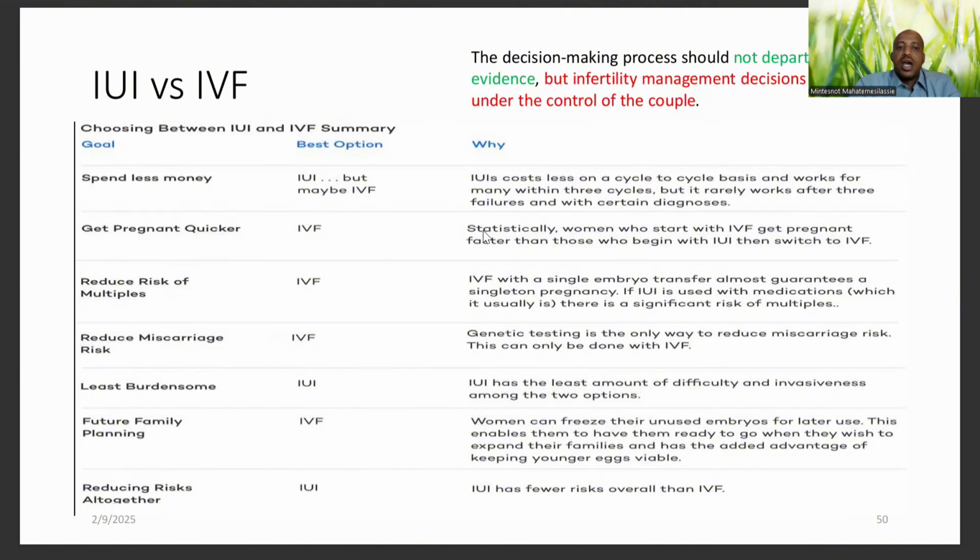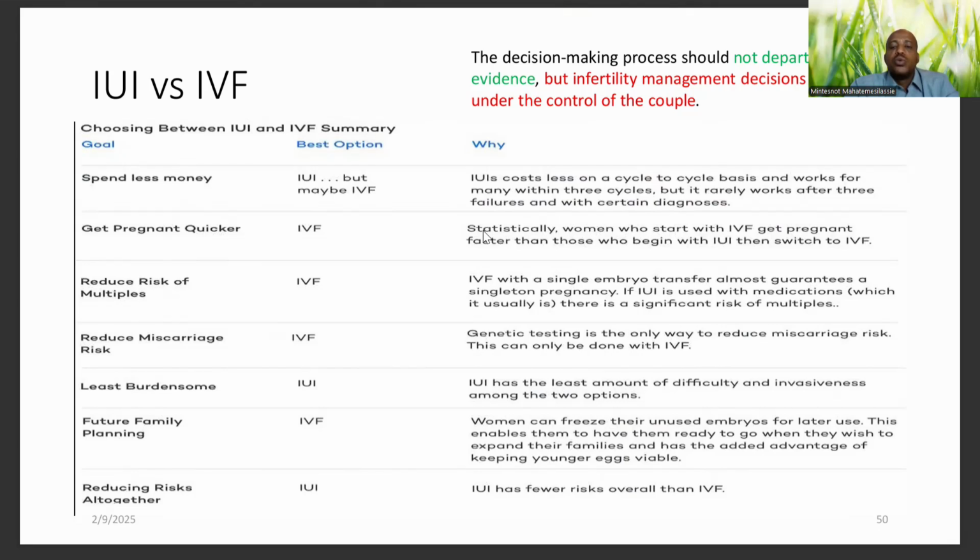Obviously, IUI has less burden compared to IVF. If a woman needs future family planning, IVF is preferred because with one IVF cycle, you may have 4 or 6 embryos that can be used for future fertility. Regarding the risk, IUI has less risk.